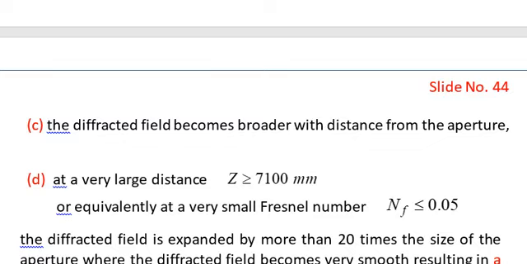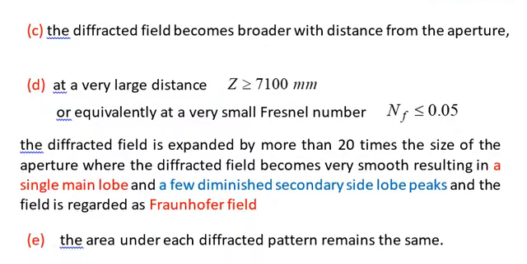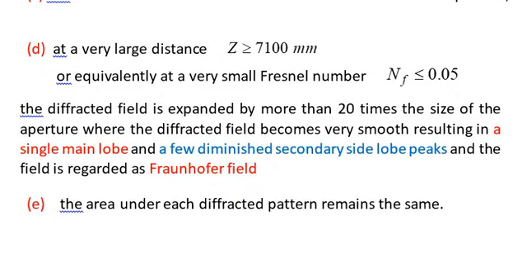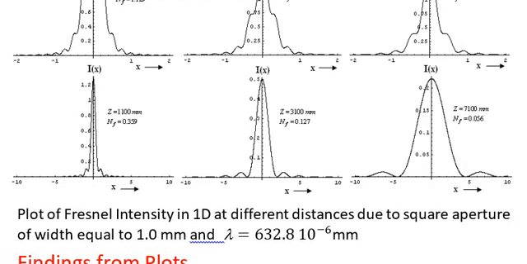At D, at a very large distance, for example Z greater than or equal to 7100 millimeter, or equivalently at a very small Fresnel number, NF less than or equal to 0.05, the diffracted field is expanded by more than 20 times the size of the aperture. Our aperture was 1 millimeter in size, and here you can see that the width of the last plot is from -10 millimeter to +10, that is, 20 times the width of the aperture.